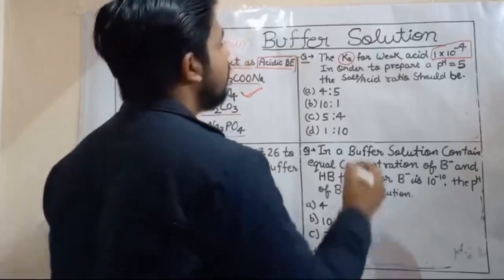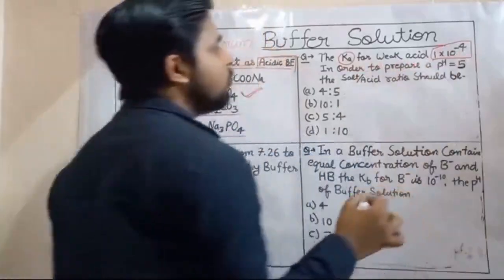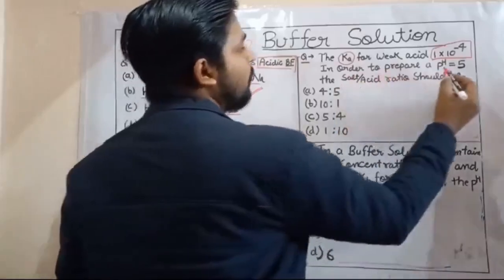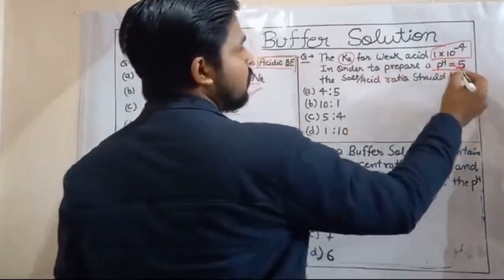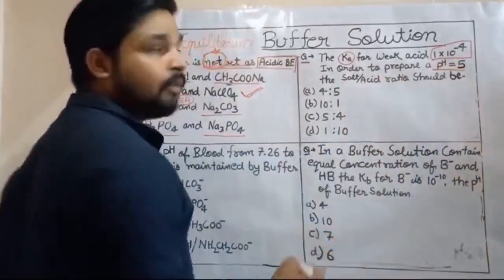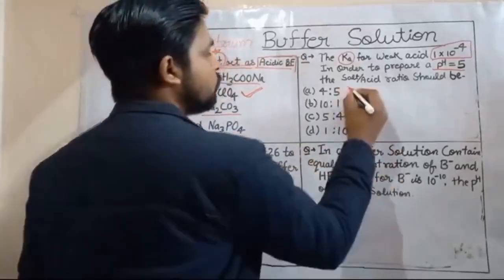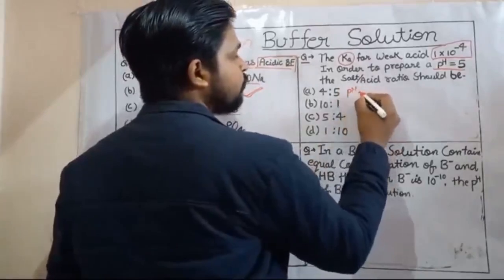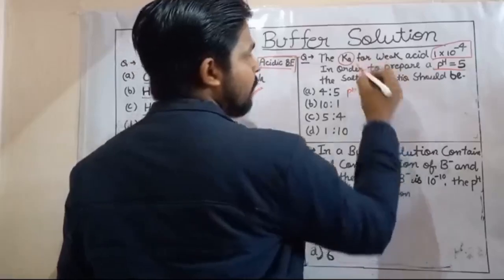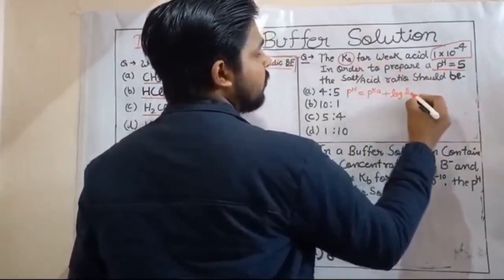Okay student, the Ka for a weak acid is 10 to the power minus 4. The dissociation constant is given here for the weak acid, and the question asks to prepare a solution of pH 5. First of all we write the Henderson equation of acidic buffer: pH equals pK plus log salt by acid concentration.